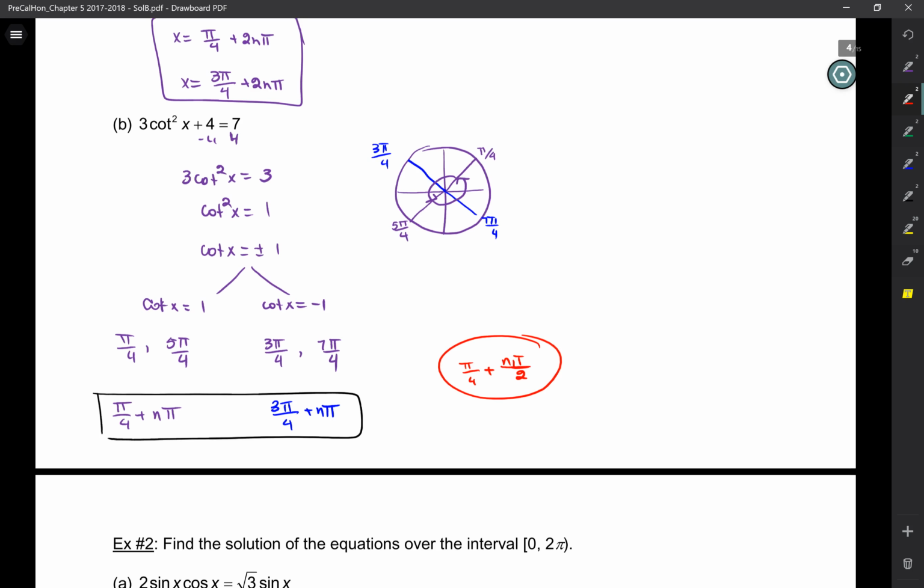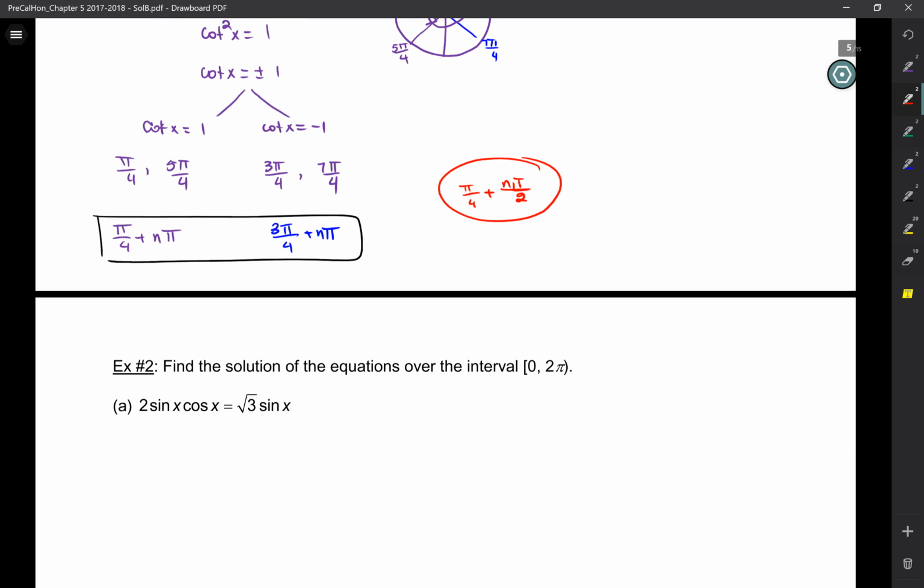Because I could, if I had done pi over 4 plus 2n pi, and then 5 pi over 4 plus 2n pi, but then I found a shortcut which said, okay, from here, if I only go 1 pi, I go to 5 pi over 4. If I go another pi, I get back pi, pi, pi, pi, right? So by doing that, I'm able to cover all of them. Okay? All right.